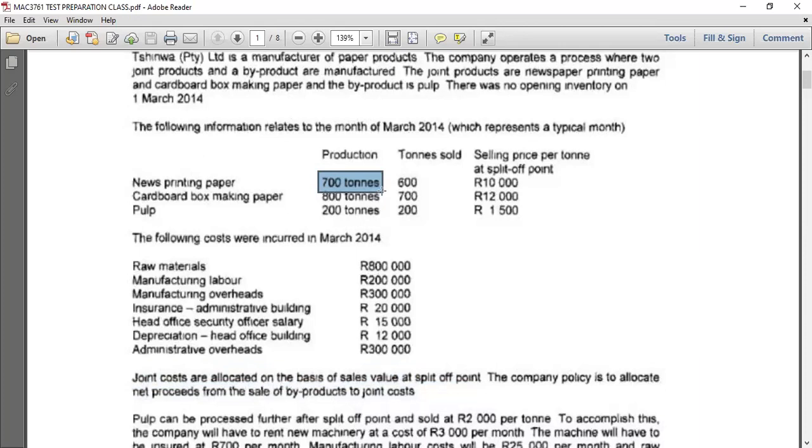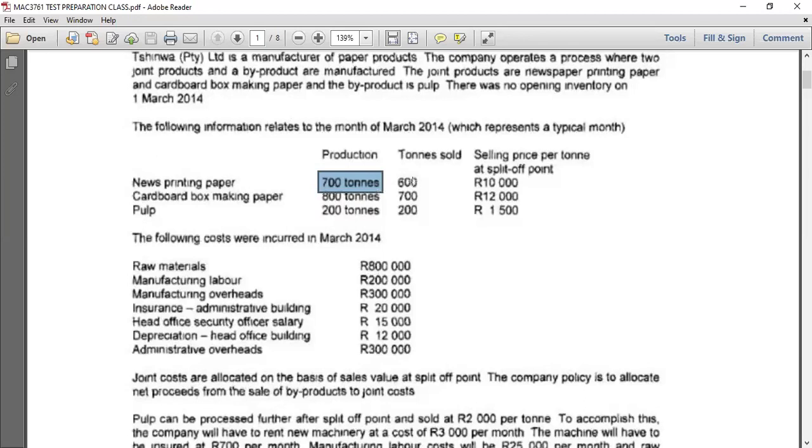So when you are determining the sales value, you use the produced units, not the sold units, because we want to allocate to all those units produced, based on their sales value.